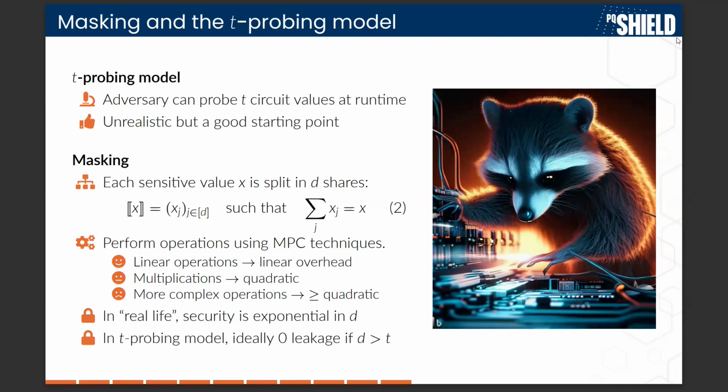You just have linear overhead in the number of shares. If your operations are multiplications, then you have to do some more interesting MPC style multiplications, and there's a quadratic overhead, which is hopefully not too bad if you can afford it. But if you're doing more complex operations, then there would be more than quadratic overhead. Good. So in the T-probing model, ideally, you would have no leakage whatsoever as long as the number of shares exceeds the number of probed values.